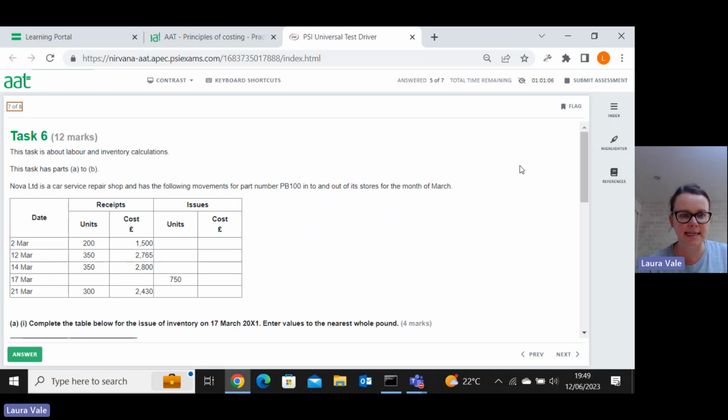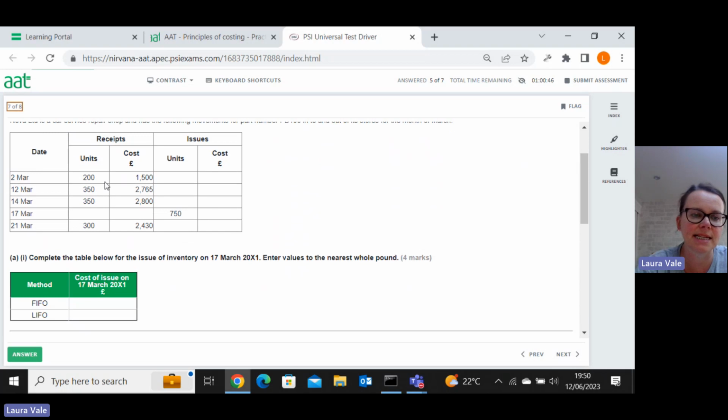Right, task 6 about labour and inventory calculations. So Nova Limited is a car service repair shop and has the following movement for part number PB100 into and out of its stores. Right, so we've got receipts on these dates in March.